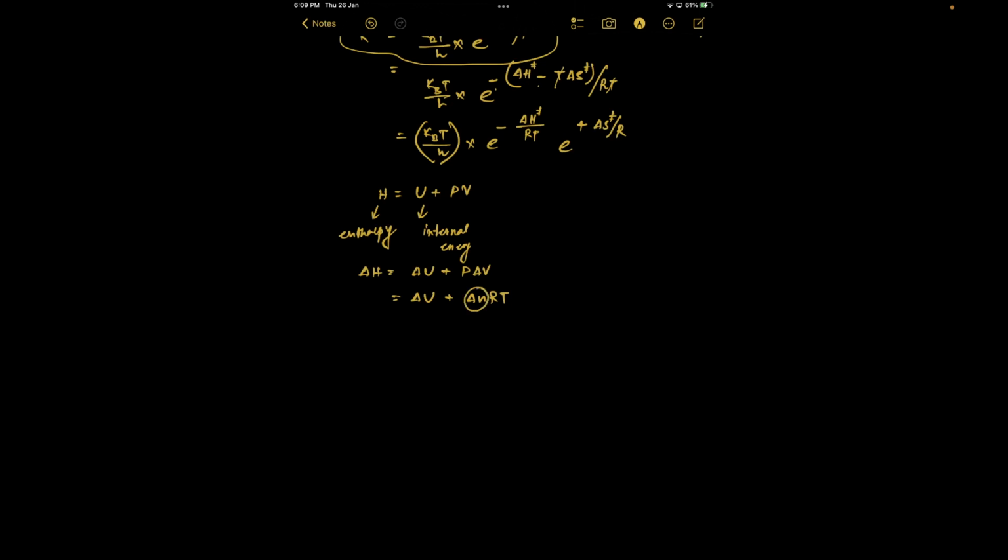Delta N is the change of molecularity. That means the number of molecules in the activated complex minus the number of reactant molecules.